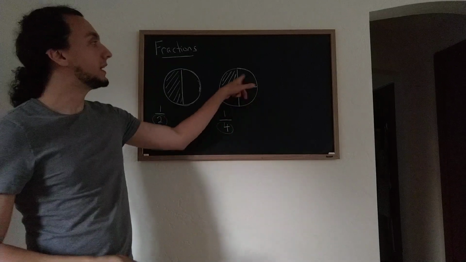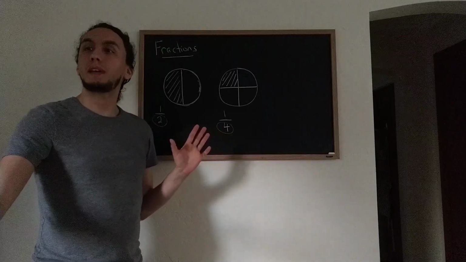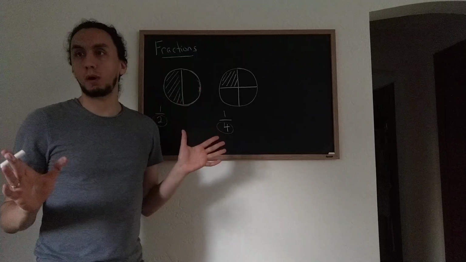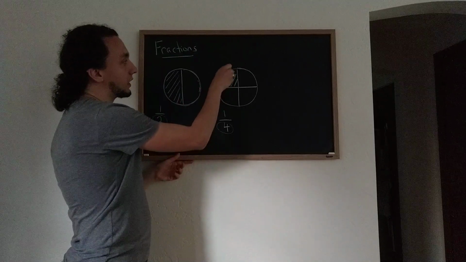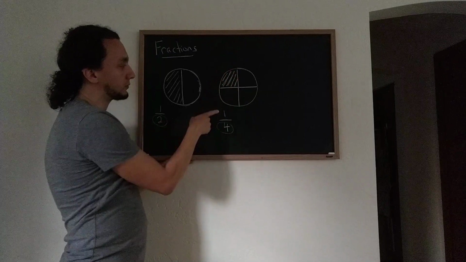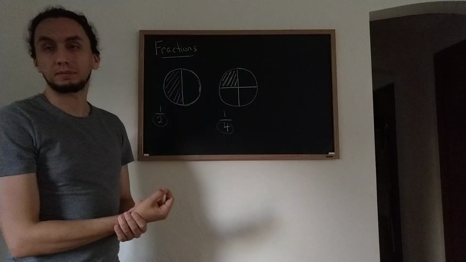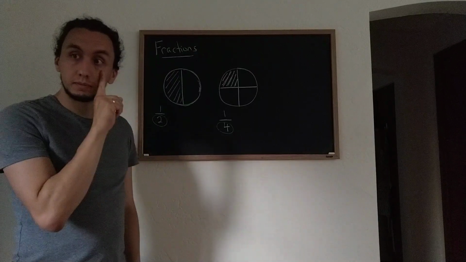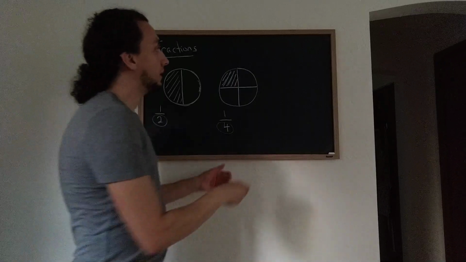There's 4 pieces in total if you don't think about what was colored in. So that's what the 4 comes from. And then the fact that we colored in 1 piece, that's where the 1 on top comes from. Yes. I was going to say the same thing that you said, but just in a different way.